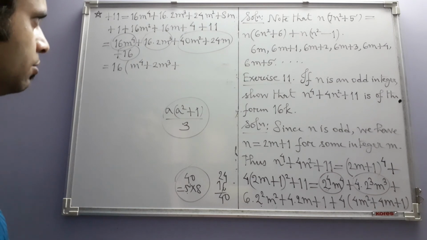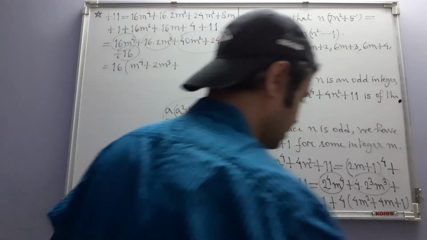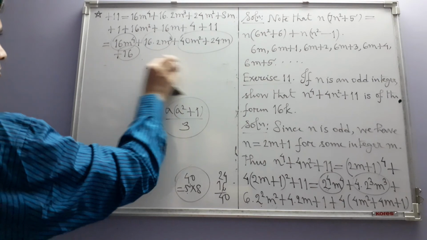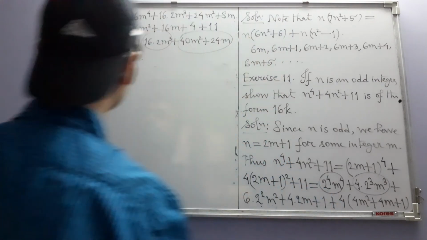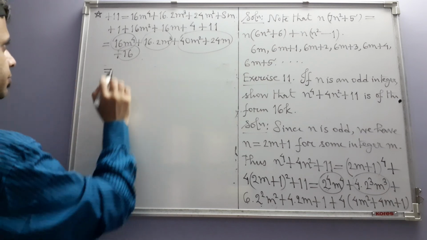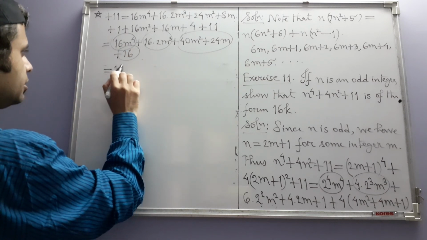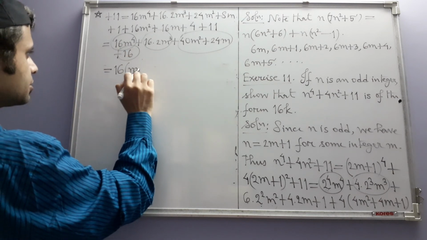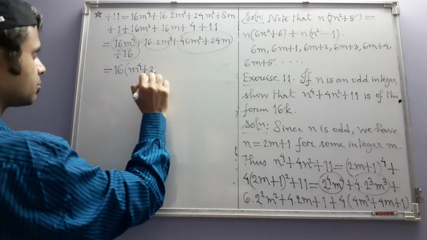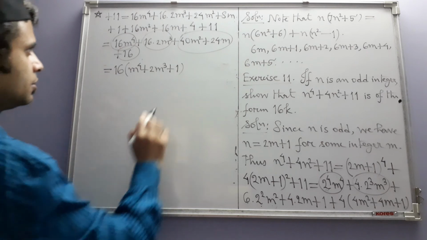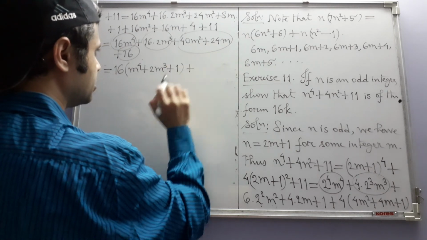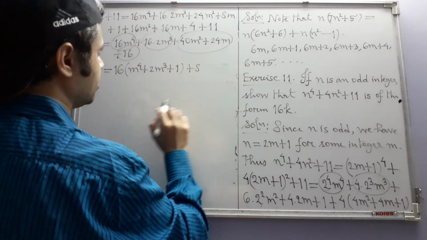So, oh yes, now I get it. So from these three terms we have 16, and now this can be written as, we can take the 8 outside.